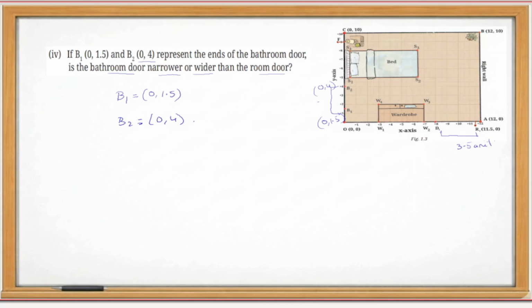To find the width of the bathroom door, we'll subtract 4 minus 1.5, which is equal to 2.5 units. And the width of the room door is 3.5 units. When you compare both, the width of the bathroom door is narrower. Smaller, right? So we can say it is narrower.